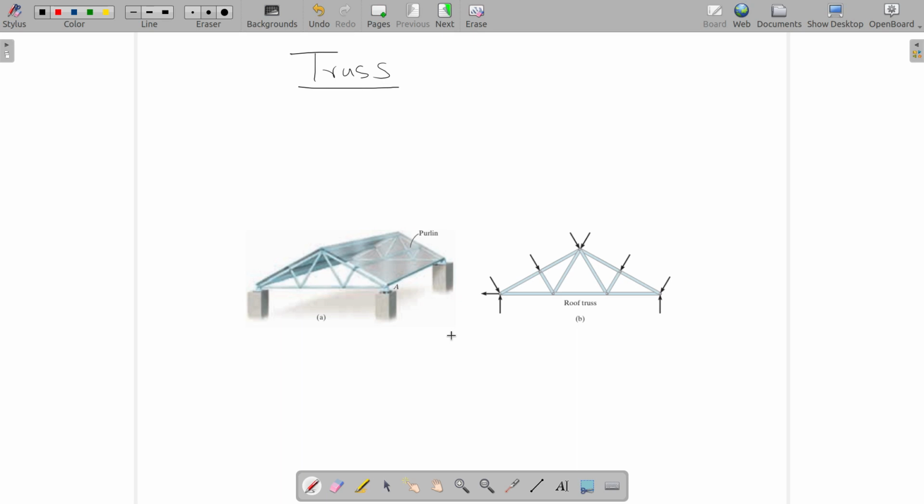So you have understood the basic idea. You have many bar members which are connected to each other, and this structure is usually used to support loads in different contexts.